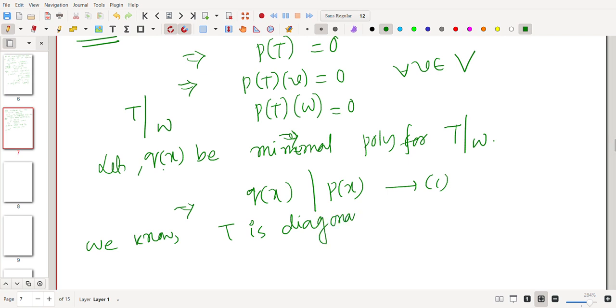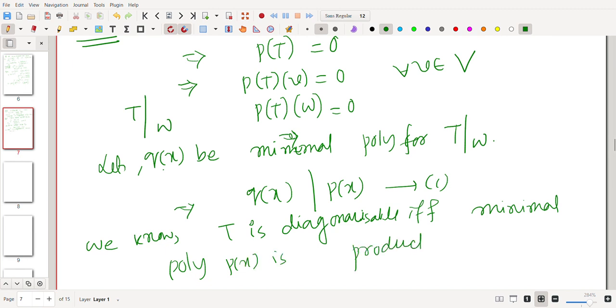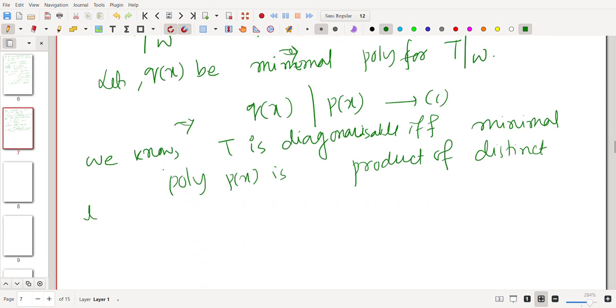T is diagonalizable if and only if minimal polynomial Px is product of distinct linear factors. Distinct linear factors. Right?